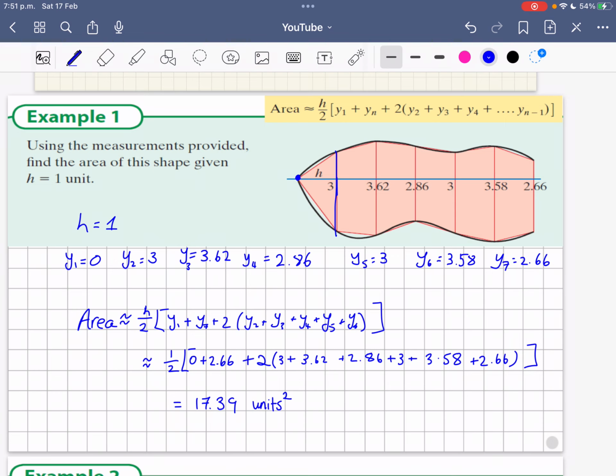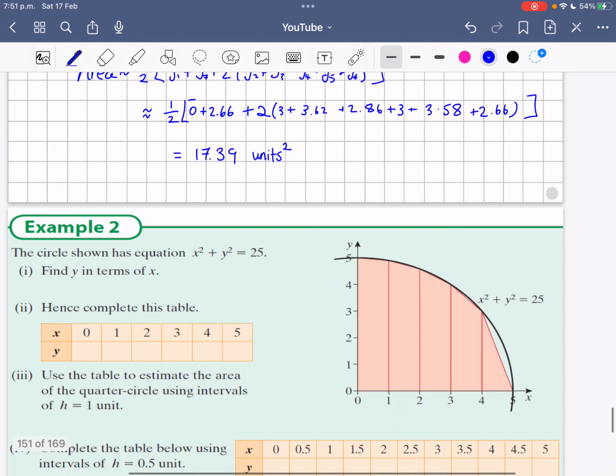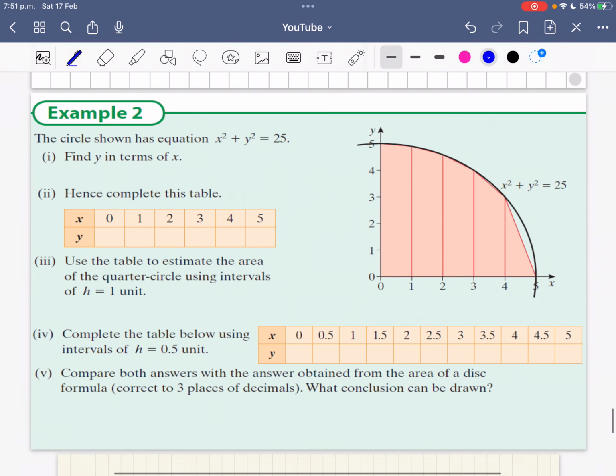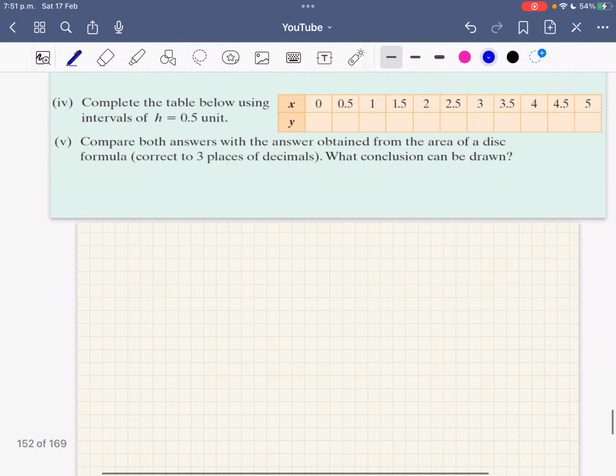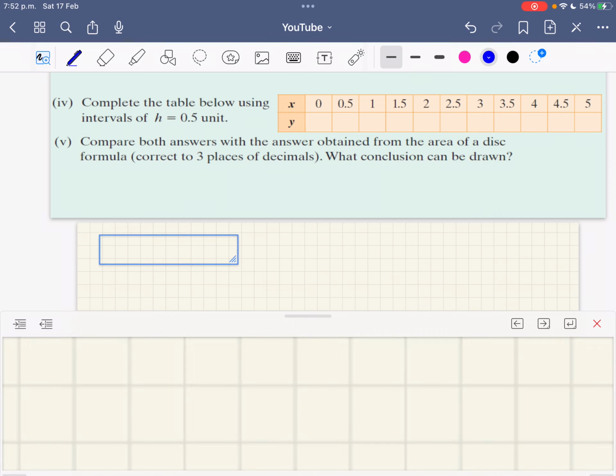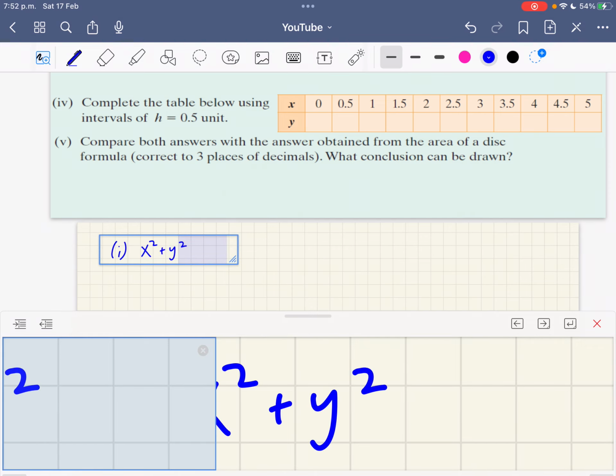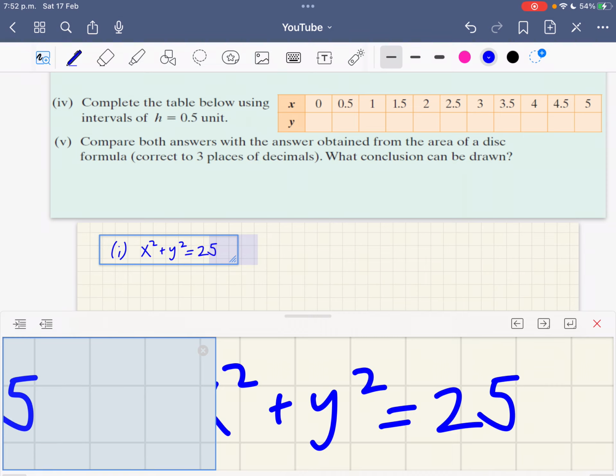So our next example is example 2. So this circle, x squared plus y squared is equal to 25. And it's shown there in your diagram. And we have to find y in terms of x. x squared plus y squared is equal to 25.